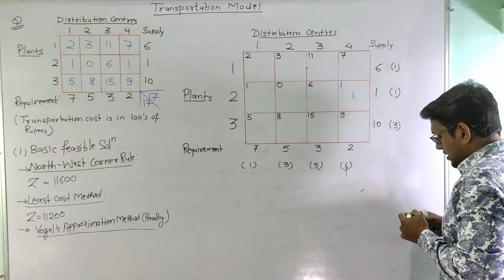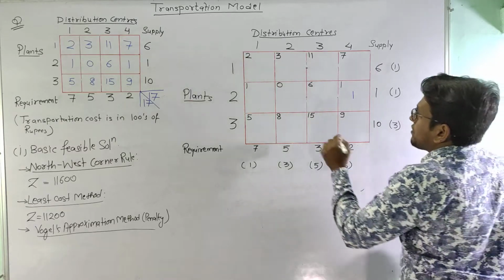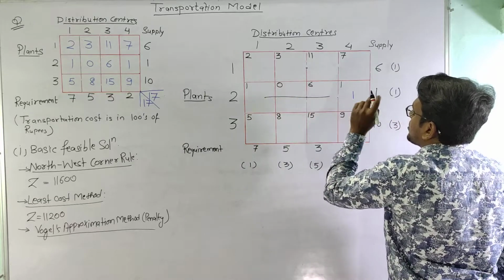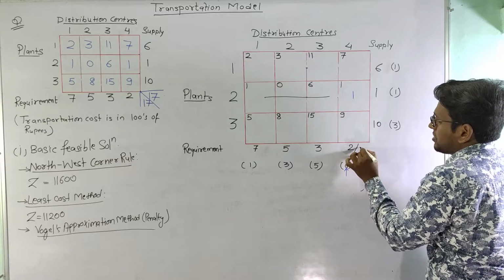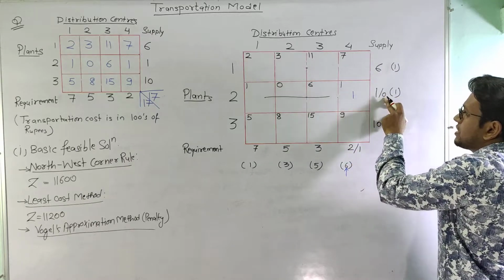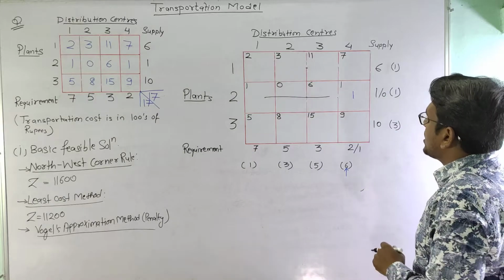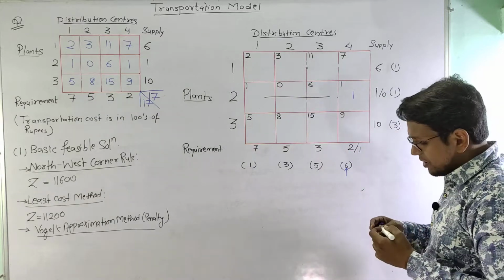So we have allocated 1 here, and no further allocation can be done in this row. Since 1 has been allocated and this has been fulfilled, it becomes 0. Now among the remaining cells we will again calculate the penalty.